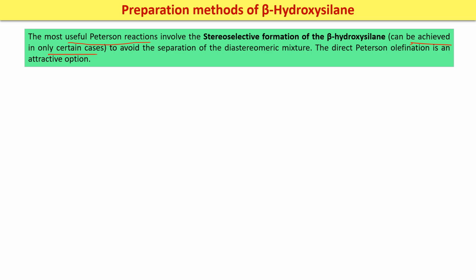But if one is major, it will be most useful, because if the formation of beta hydroxysilane is stereoselective, we can avoid the separation step of the diastereomeric mixture, and that we will call direct Peterson olefination or one-pot Peterson olefination. That will be useful. So we will see some methods where stereoselective formation is possible. We will also see some methods where it may not be stereoselective.